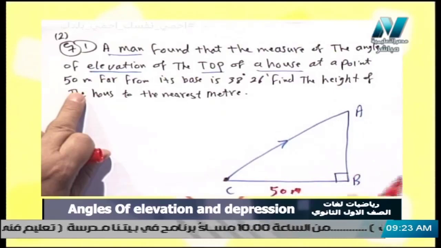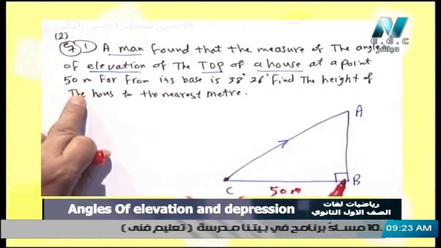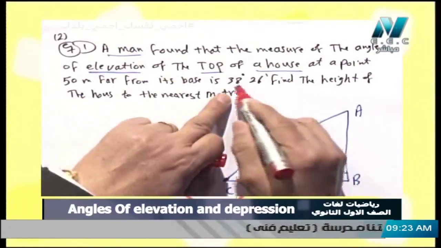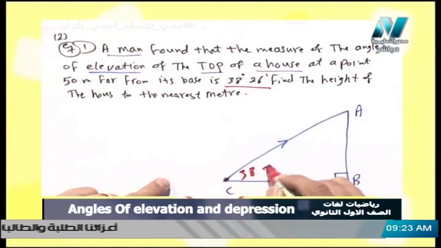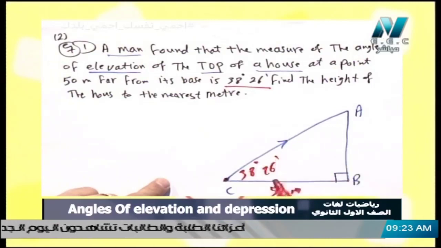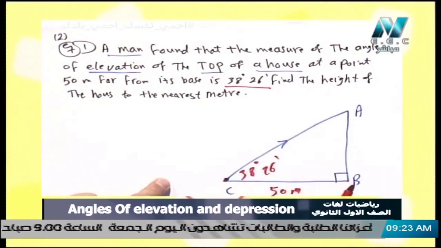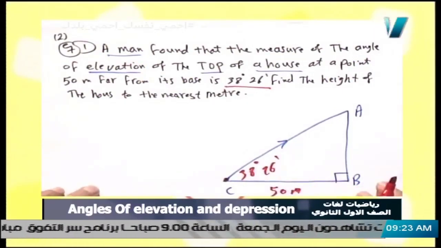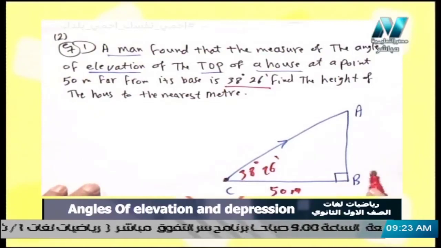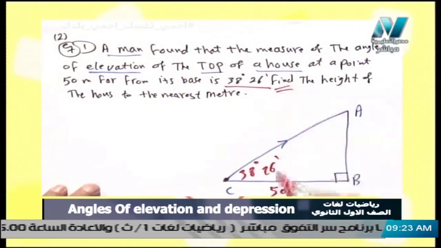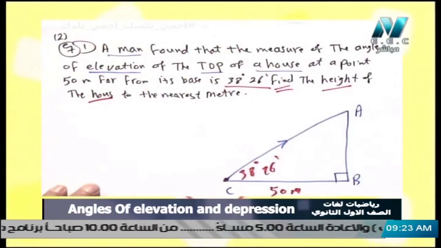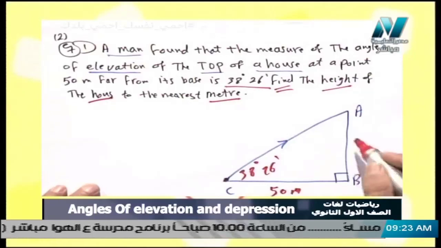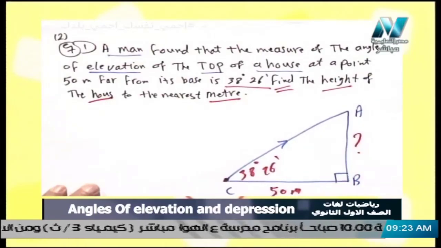So CB equals 50 meters, and the angle of elevation here is 38 degrees and 26 minutes. And the request is to find the height of the house to the nearest meter. So the height of the house is unknown here.